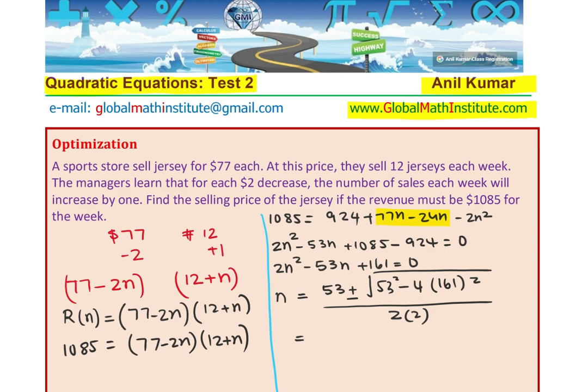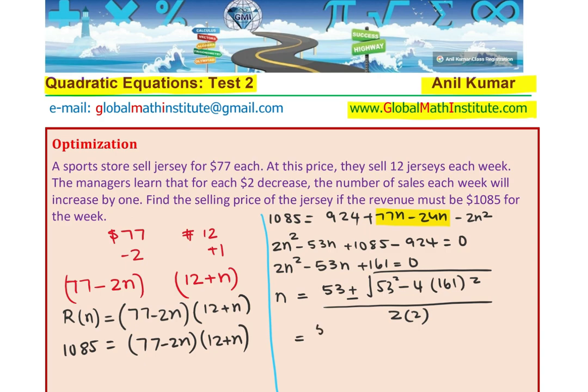So within the square root, I have 53 square minus 4 times 2 times 161, which is 1521, and the square root of 1521 gives me 39.